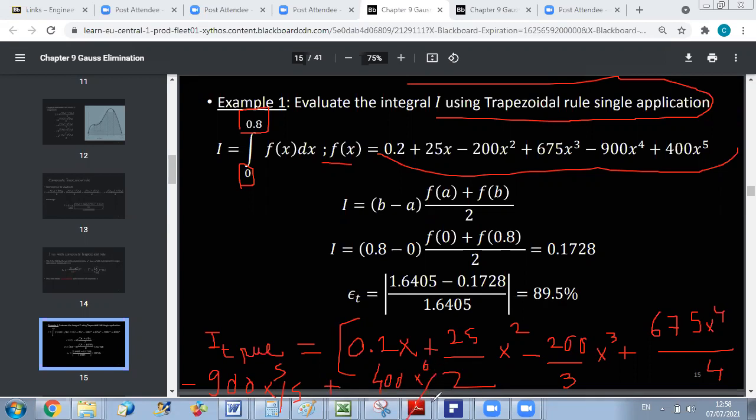Okay, and I compute this integral between 0 and 0.8. So now I have the exact value, which will be equal to 1.6405.